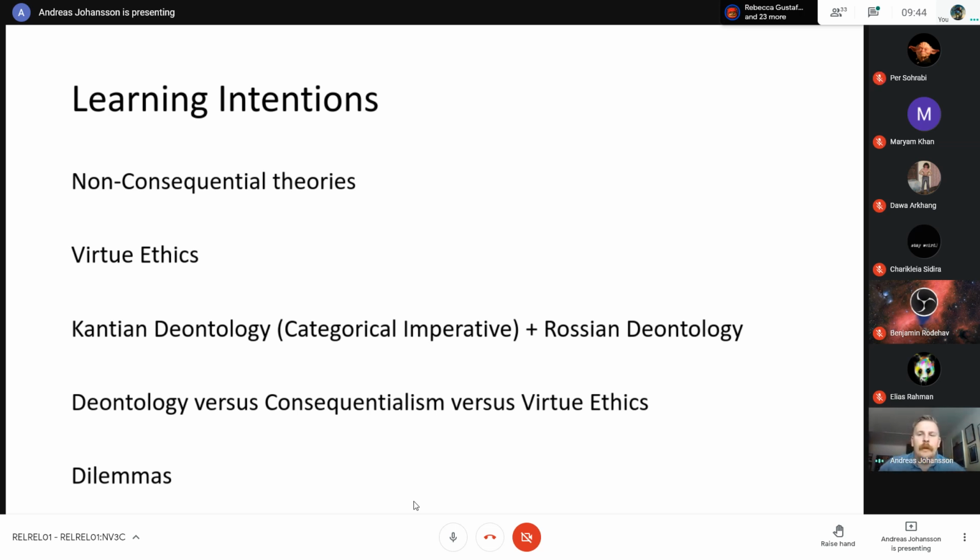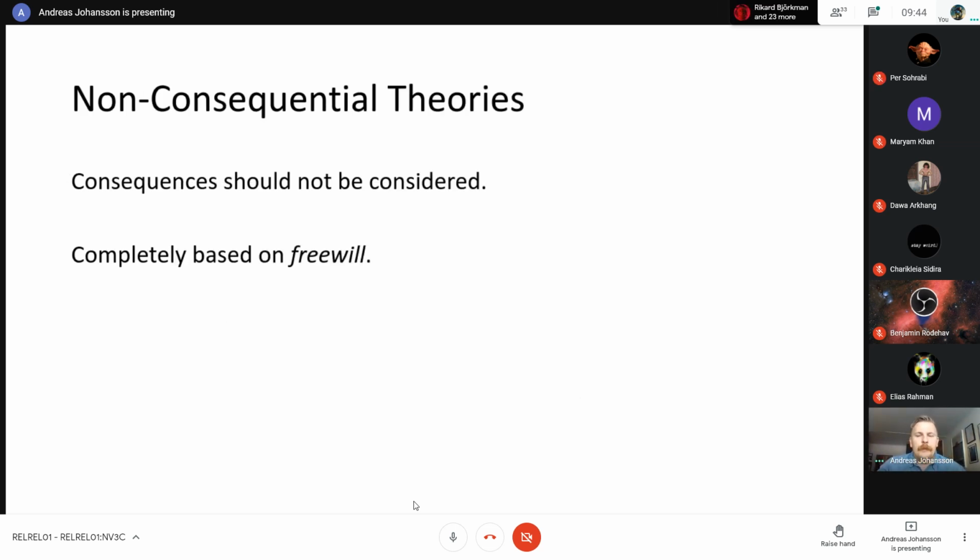Good one. All right. So now that we're starting to go into the field of non-consequential theories, I think it's also important to address the fact that when we talked about absolutism and relativism, we tend to classify those types of families or categories as ways of defining what's right and wrong.